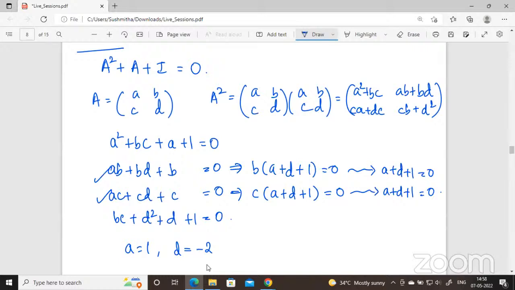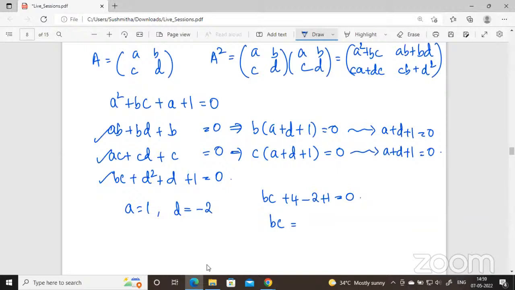Let's check this one: bc plus 4 minus 2 plus 1 should be 0, so bc should be minus 3. And here I have 1 plus bc plus 1 plus 1, and bc is minus 3. Put any value, fine, right? Everything is satisfied now, right?